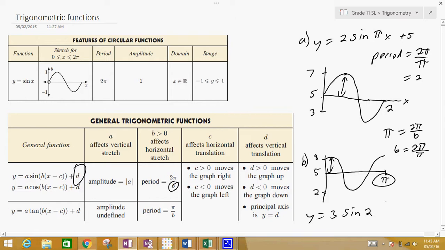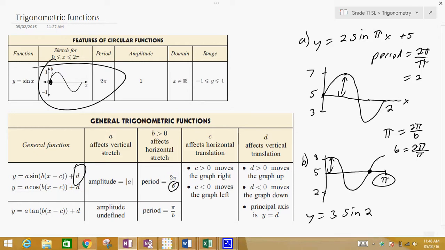Have we shifted over? Oh, we have shifted over. If you notice this, the sine function started at 0, 0. If we look at this one, it starts at 0, 0. But here it doesn't start at 0, 0. It's actually been shifted over all the way to here. So we need to figure out how much it is shifted over to the right.